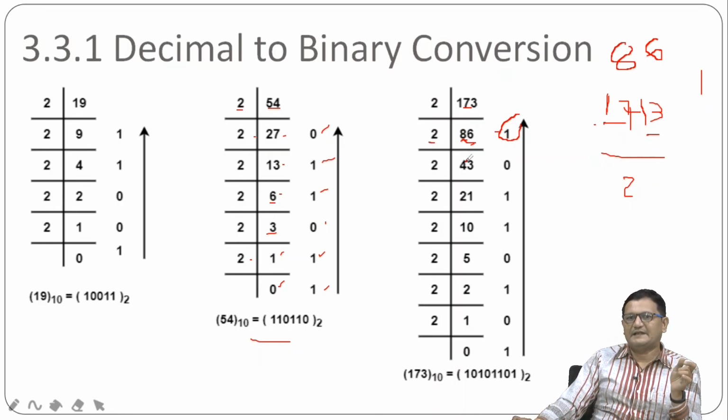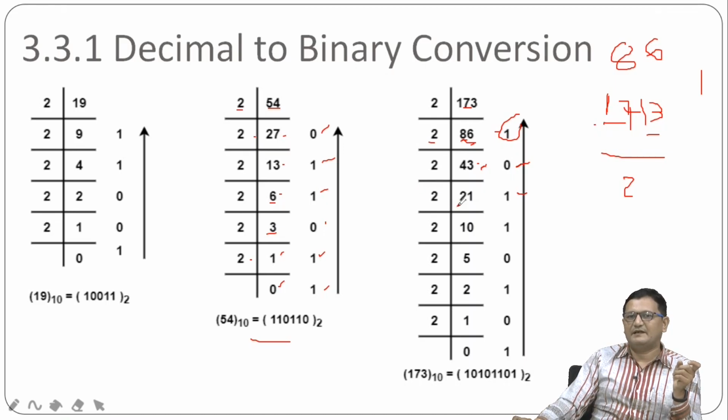Half of 8 is 4, half of 6 is 3, so 43, because 86 is an even number, so there is no remainder. Similarly, we divide 43 by 2. We get 21, but 21 2s are 42 and the number is 43, so one remainder is there.